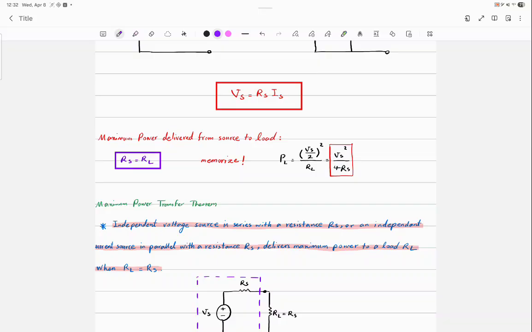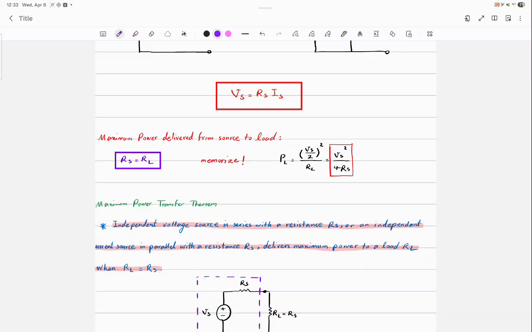So if something complicated is connected to RL, what is the first step? To simplify the rest of the circuit and get to a point where you only have one voltage source in series with the resistor or one current source in parallel with the resistor.